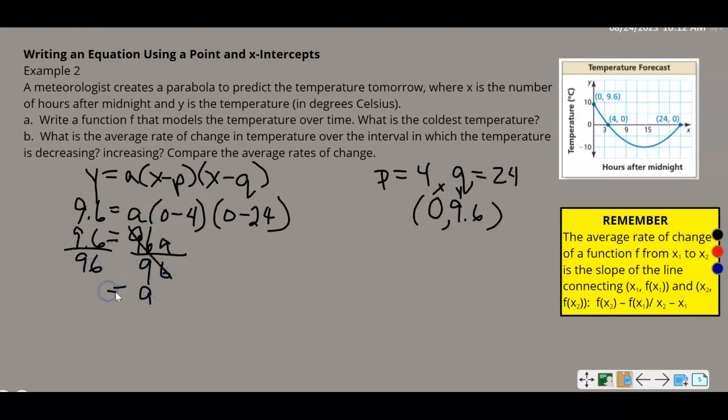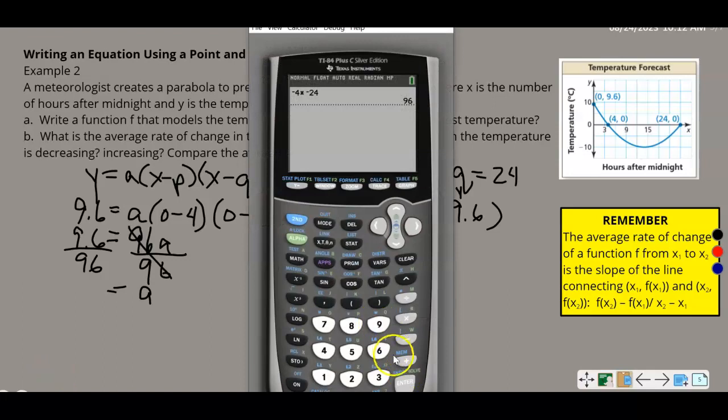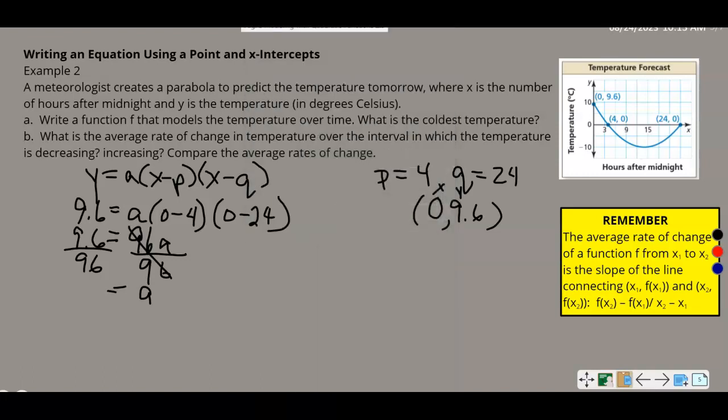So a equals, what is that, 0.1? Let's see, 9.6 divided by 96. 0.1. So a is 0.1. All right, once you have a, then you can write your function.